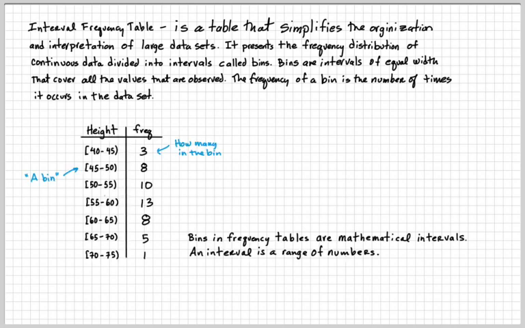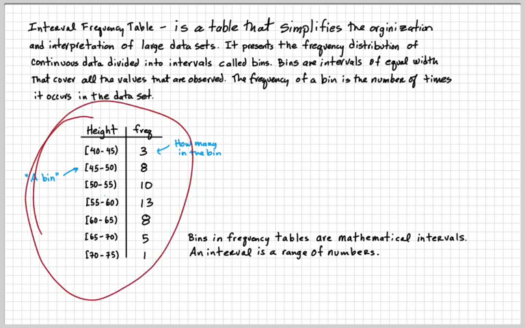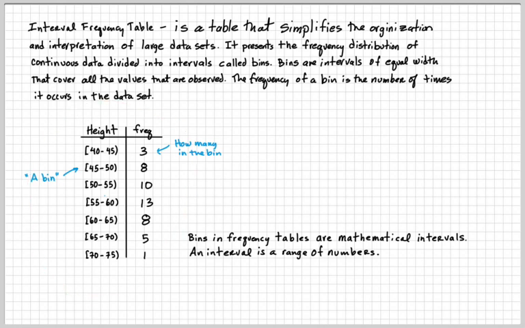So here is an example of an interval frequency table. You can see that it has these bins that are spaced evenly. Looks like the data set starts close to 40 and it ends not at 75, and we'll talk about why it doesn't.